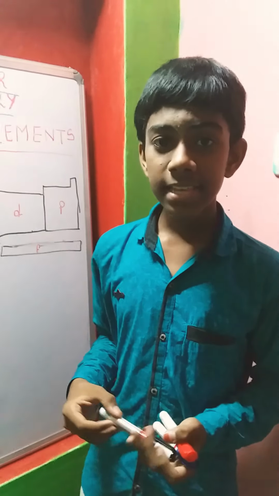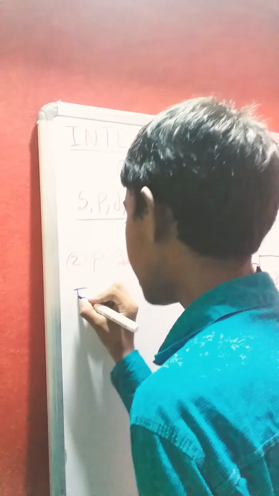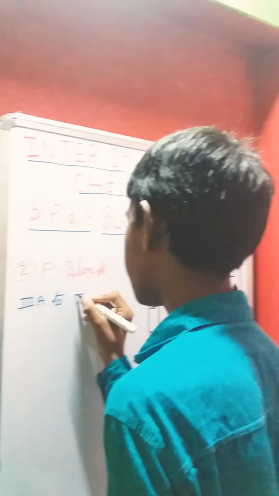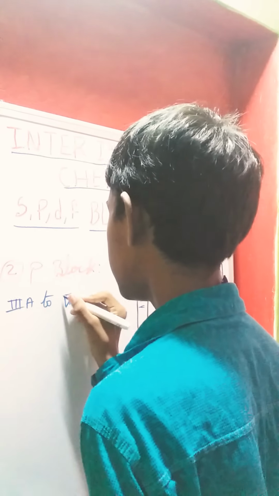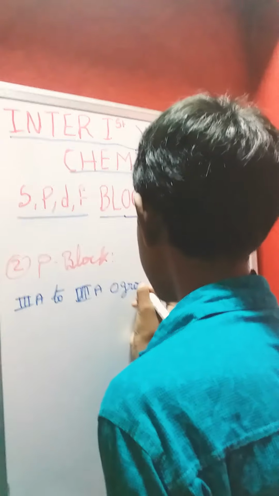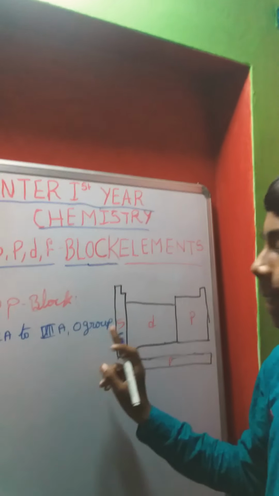It has six groups: from 3A to 7A and 0 group, except helium.